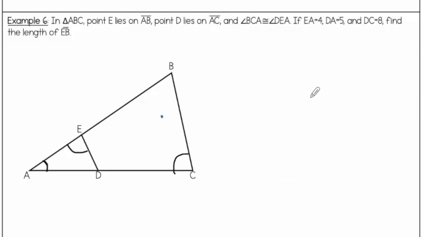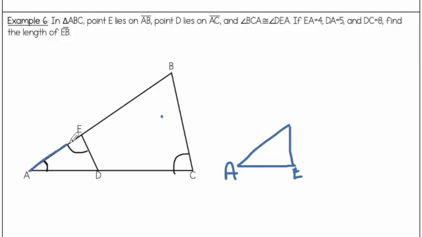I'm not really drawing that well. Let's just say we have A, and I can make E here. There's nothing saying I couldn't flip the triangle.